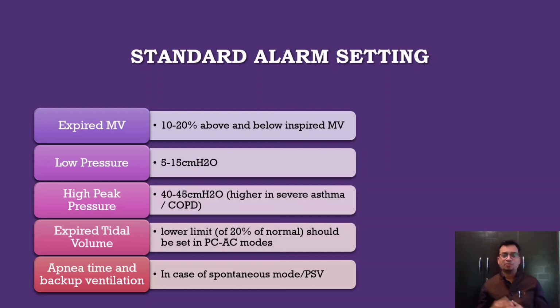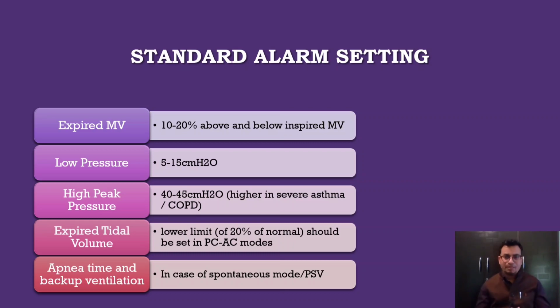So we set expired minute ventilation or minute volume between 10 to 20% above or below inspired minute volume. A value below it may be suggestive of a leak in the circuit or ventilator. Low pressure alarm is set usually between 5 to 15 centimeter, below which you need to look for ventilator disconnect or a large leak.